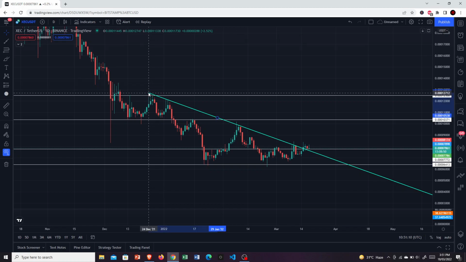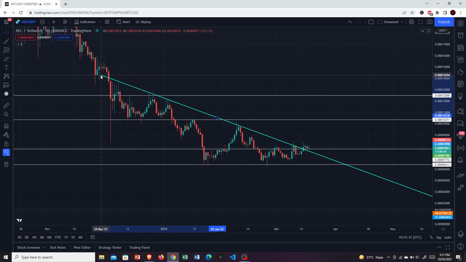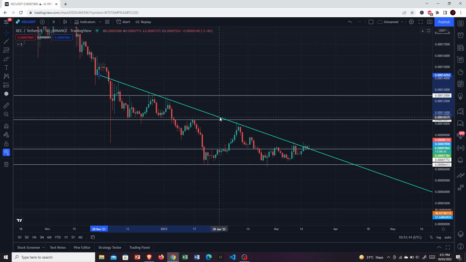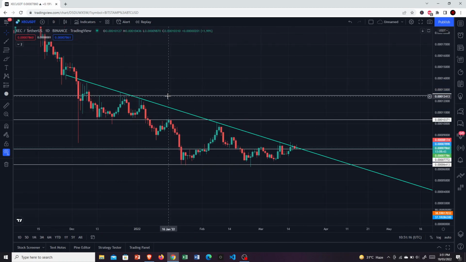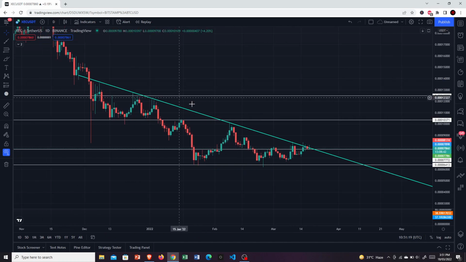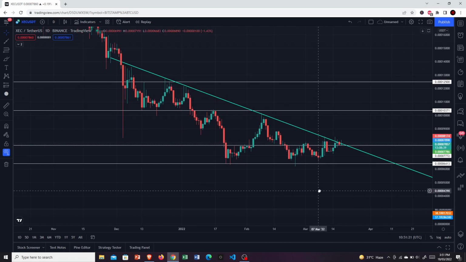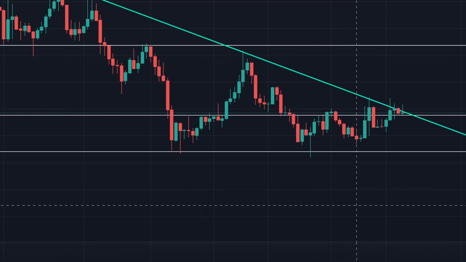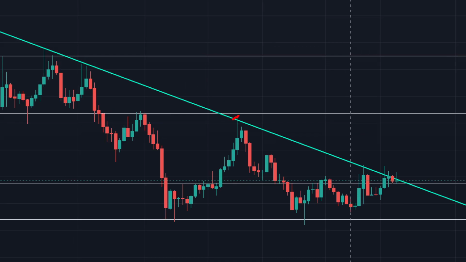Okay, so let's extend this trend line slightly over here so everything fits perfectly. And this trend line seems to be very perfect because you guys can see rejection from this level, this level, this zone, here, and this level.